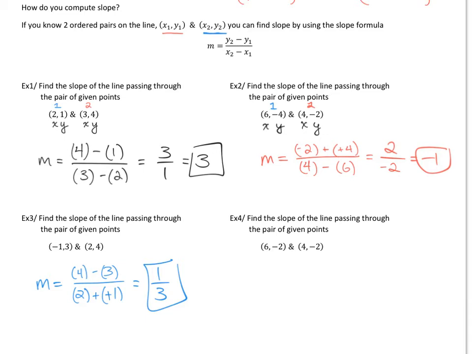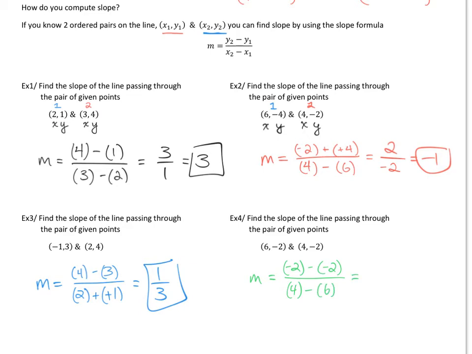And I want to go over this last example. I'm going to do it in green here. The slope here is y2, which is negative 2, minus y1, which is negative 2, all over x2, which is 4, minus x1, which is 6.